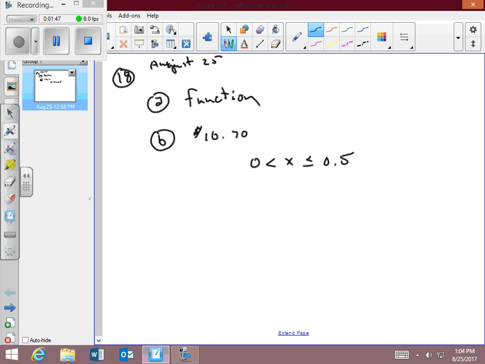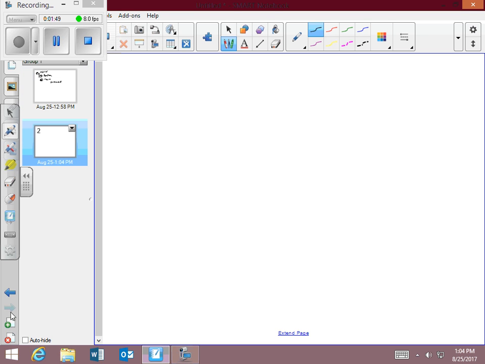Okay, 20. We're using this function, f of x is equal to 5x minus 4. And this function says f of minus 2.